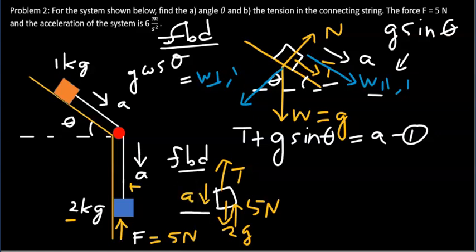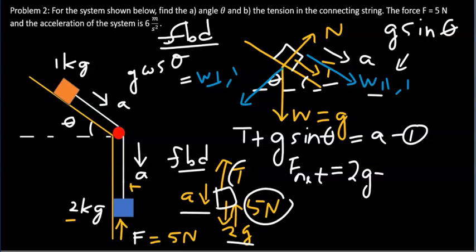Since acceleration is downward, the net force on this object, the 2 kg object, must also go down. And that is given by all the forces going downward, in this case only 2g, the weight, minus all the forces that are going upward. In this case it's 5 newtons and the tension.